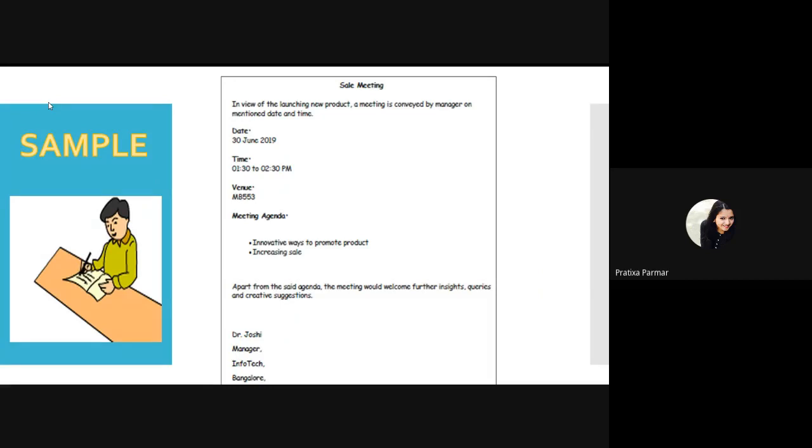So here it says, the title of this meeting is sales meeting. It could be anything as per the requirement of the meeting, as per the nature of the meeting. In view of launching a new product, a meeting is convened by the manager on the mentioned date and time.